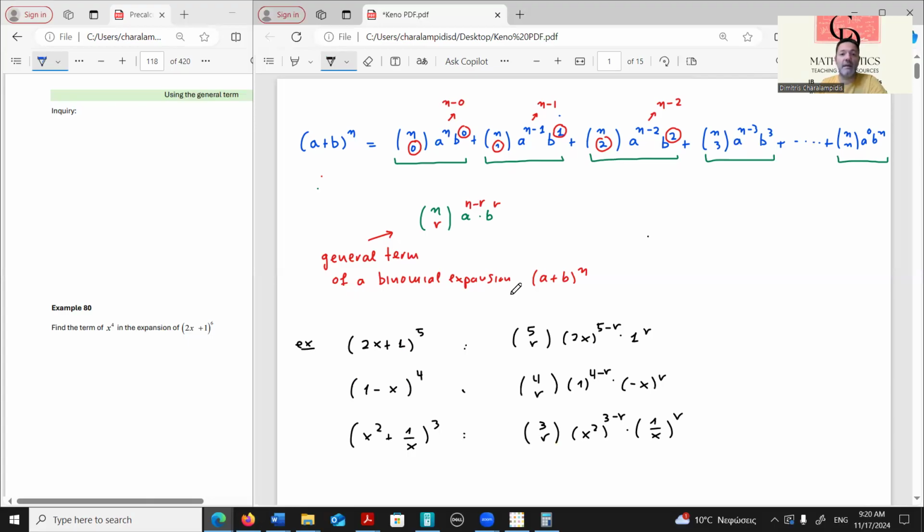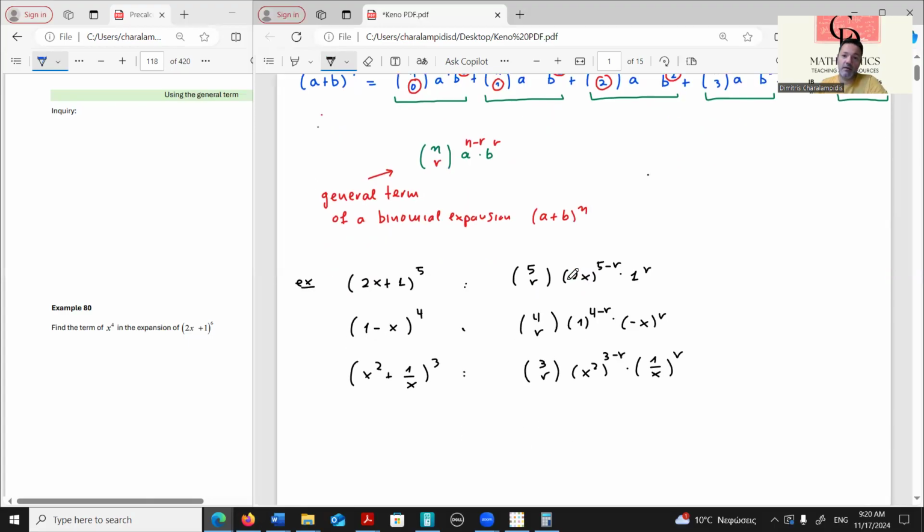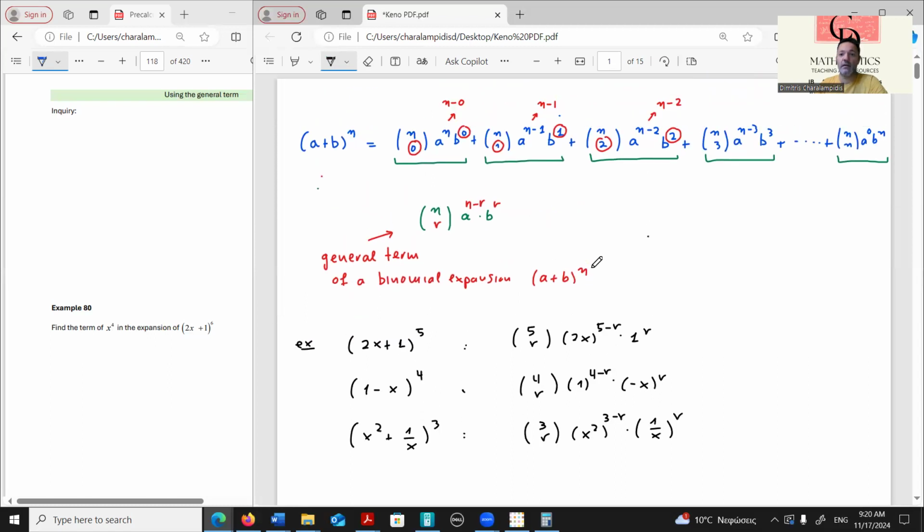Let's see now some applications of that term. First of all, by looking again at the things that we started with, we can see that the first term was obtained for r equals 0. The second term of the expansion was obtained by going to the general term and substituting r equals 1.